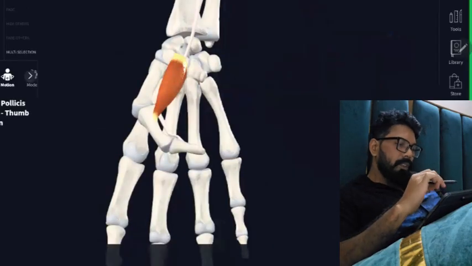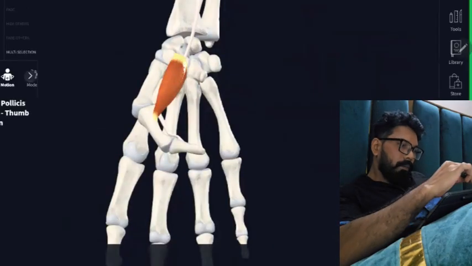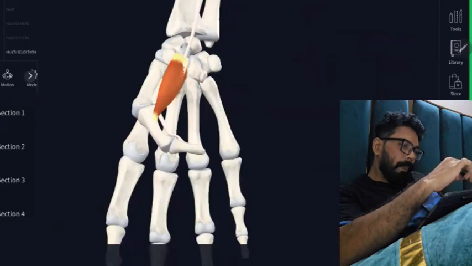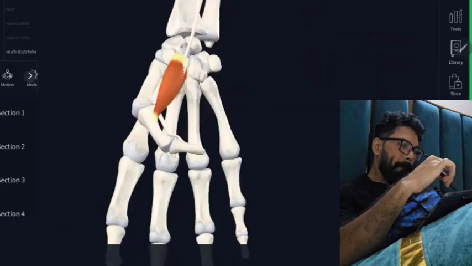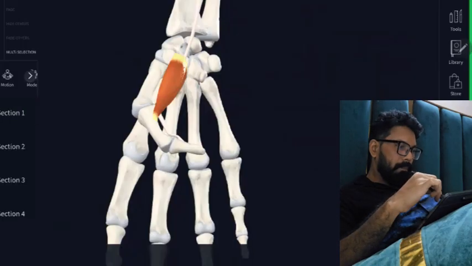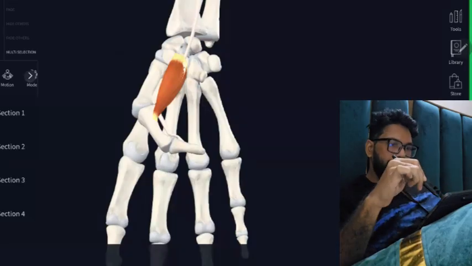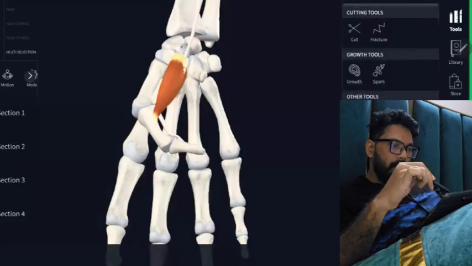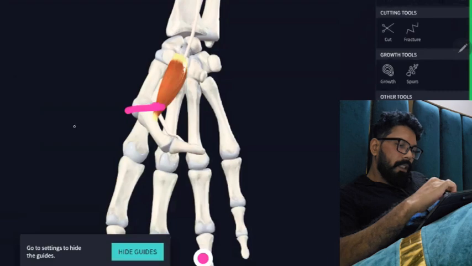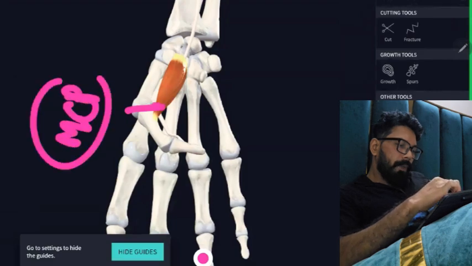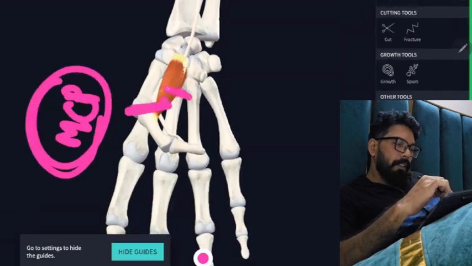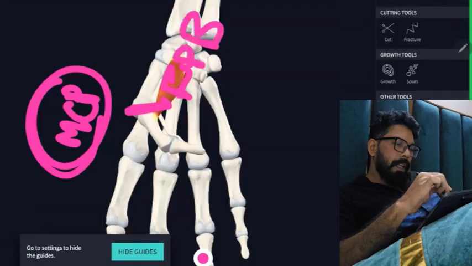Now, flexor pollicis brevis. So this is our metacarpophalangeal joint, MCP. This is flexed by flexor pollicis brevis.